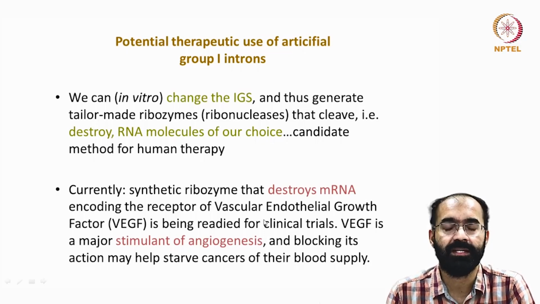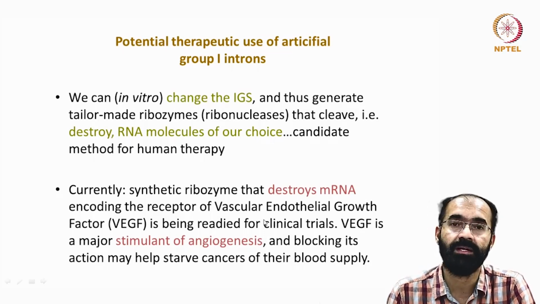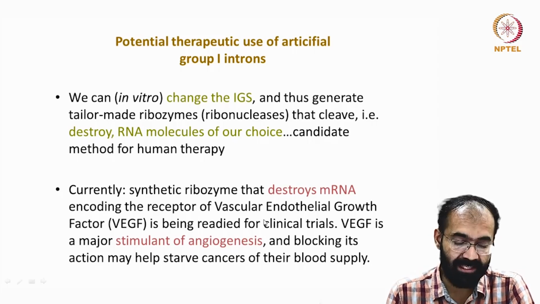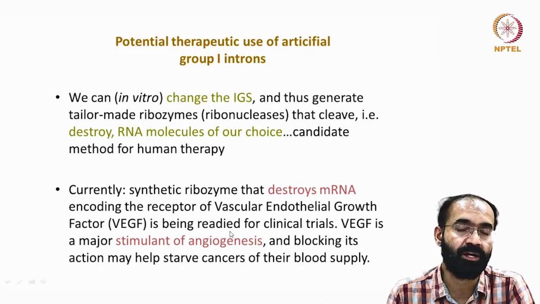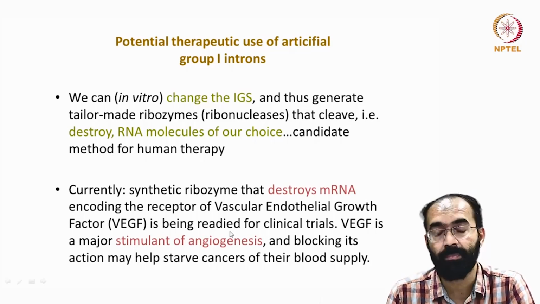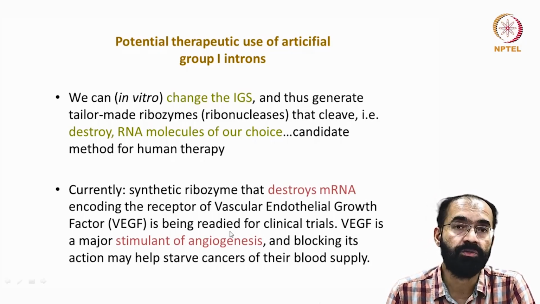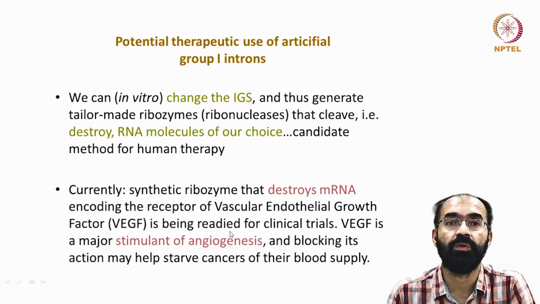During our development, it is very important. When an organism is developed from the zygote, it is very important. But in case of cancer, angiogenesis is not a friendly thing, because the blood vessels now supply nutrition for a non-useful or destructive cause.